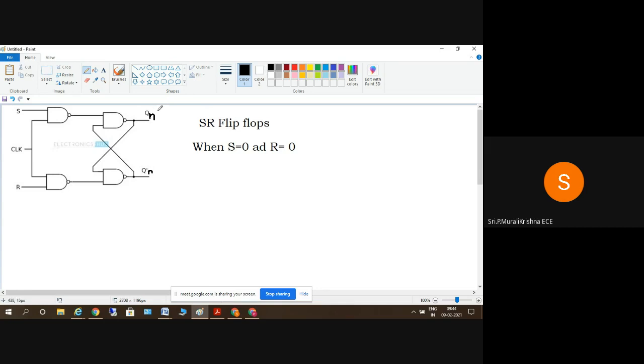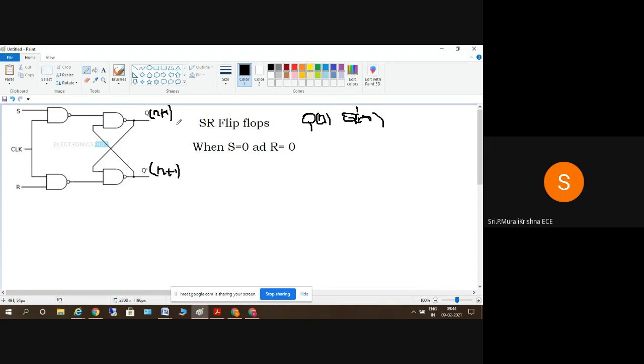If I want the output, Q of n plus 1 is the next state, and Q bar of n plus 1 is the output here. If I want the present state, that is represented by Q of n, and the complement is represented by Q bar of n. So Q of n plus 1 is the next state on application of the input clock, and the present state is Qn, and we'll get the next state here.